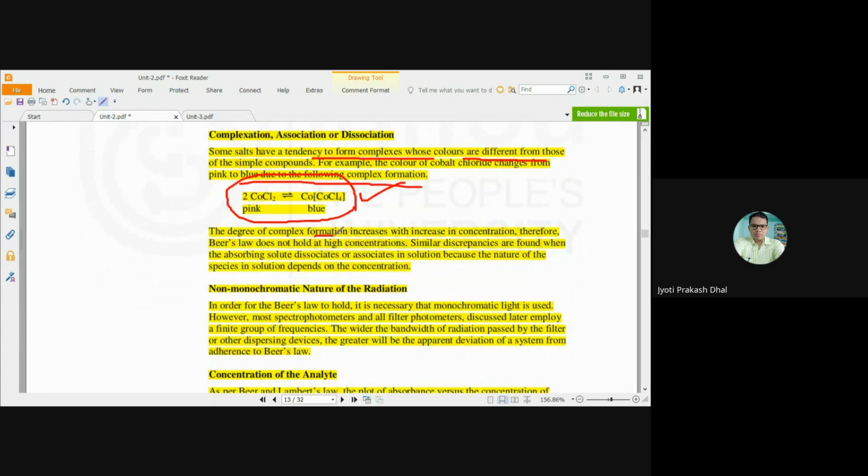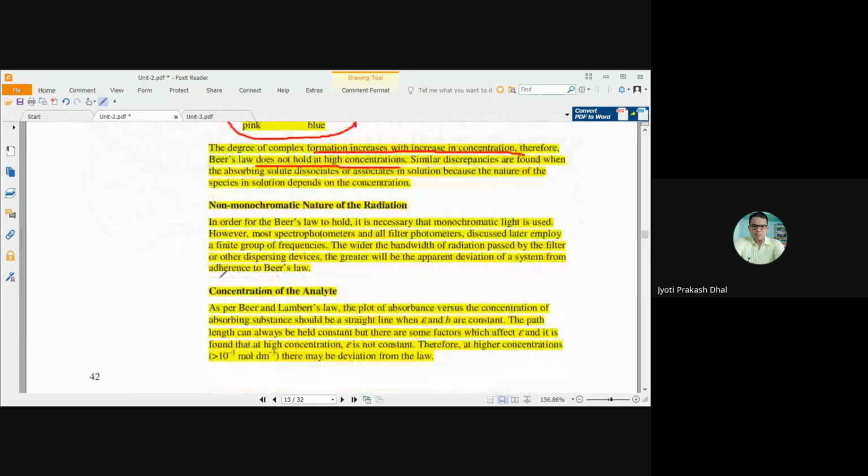The degree of complex formation increases with increase in concentration. Therefore, Beer's law does not hold good at high concentration. Now, another cause of deviation of Beer's law is the non-monochromatic nature of the radiation.